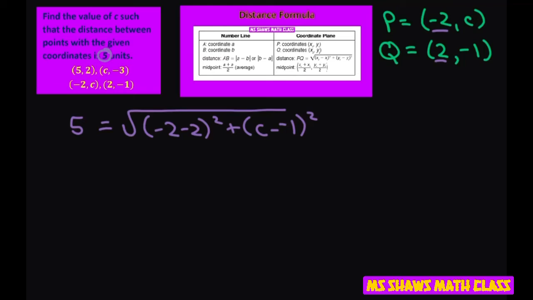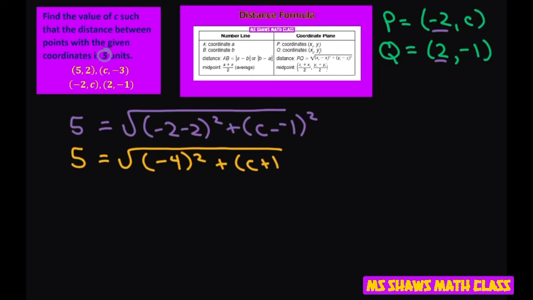This is going to give you 5 equals the square root of (-4) squared plus (C plus 1) squared.